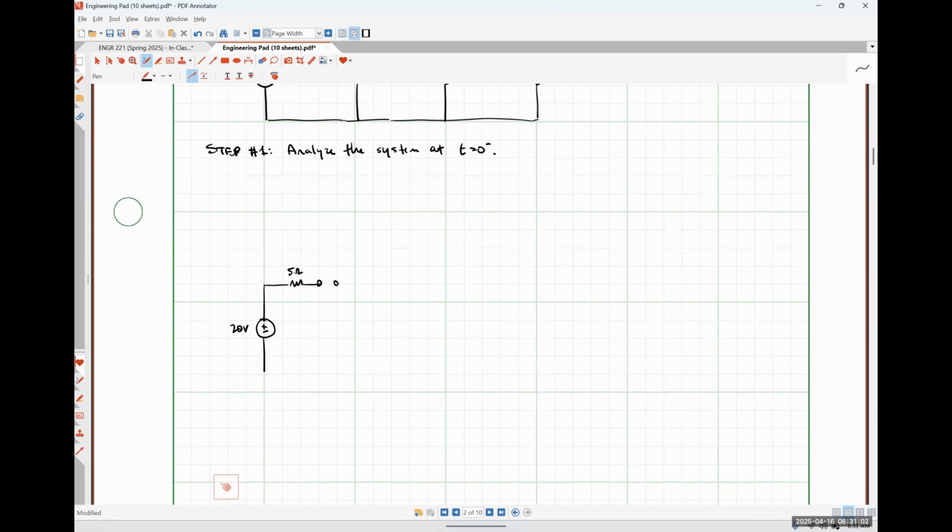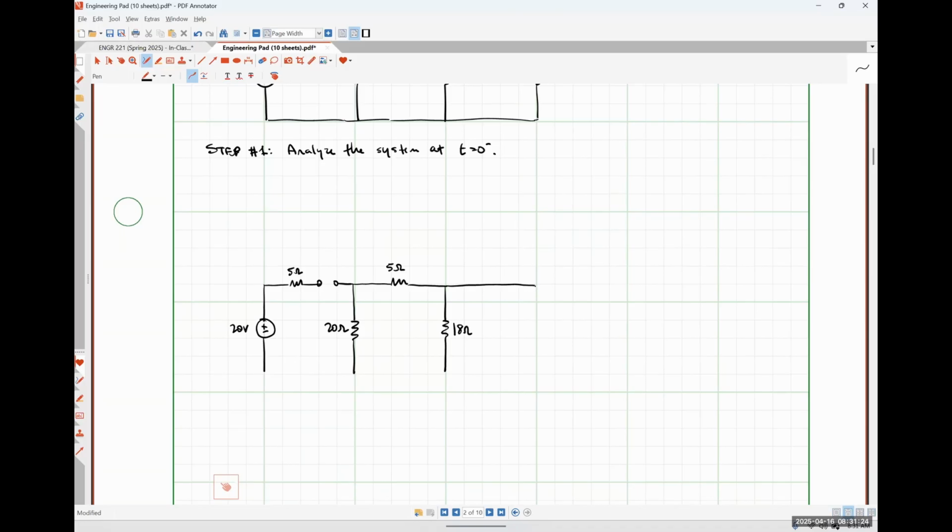Here is the open circuit representing the switch. Here's our 20 ohm resistor, our second 5 ohm resistor, an 18 ohm resistor.